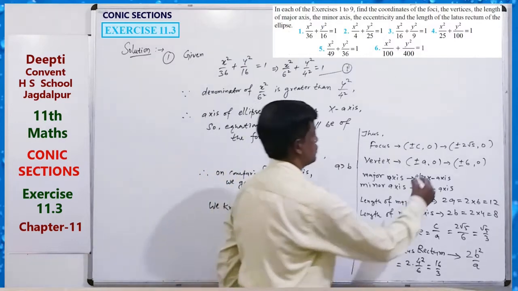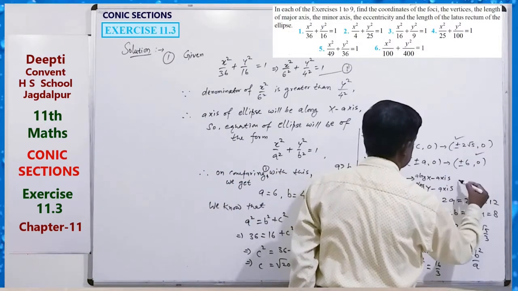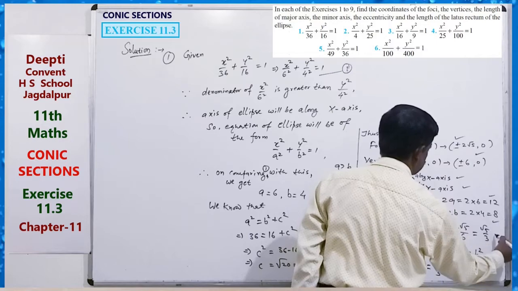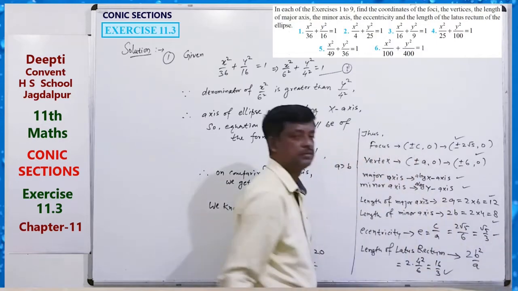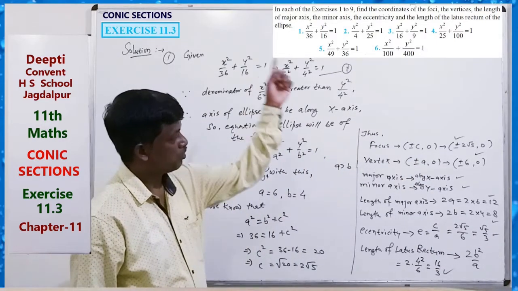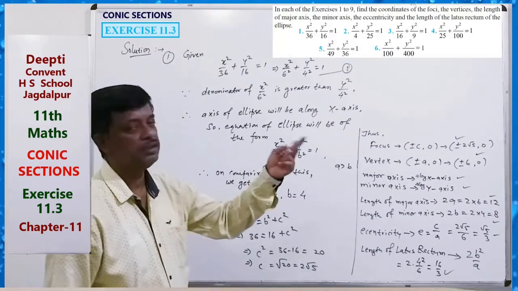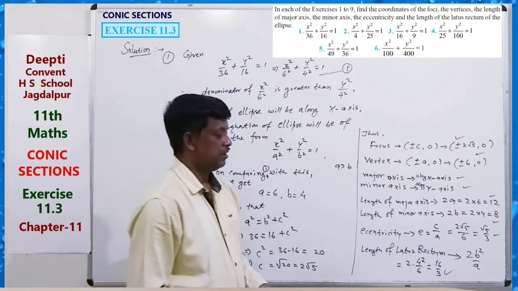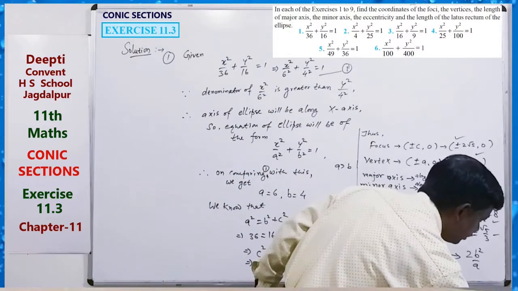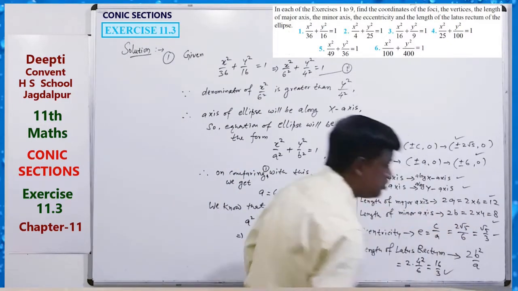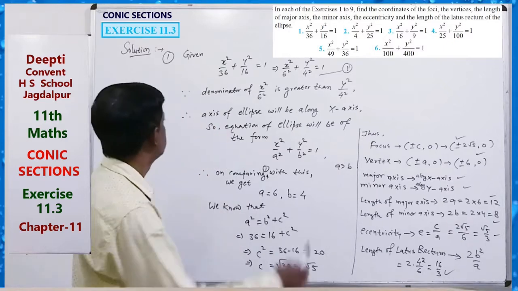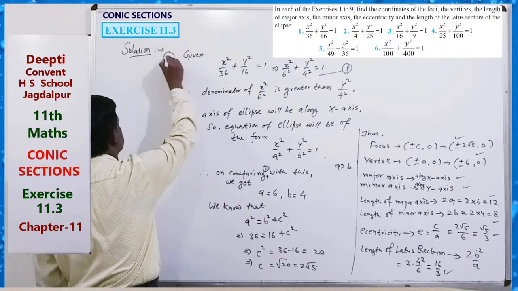So these are the answer. Clear? So from question 1 to question 9 you can find by using this formula.